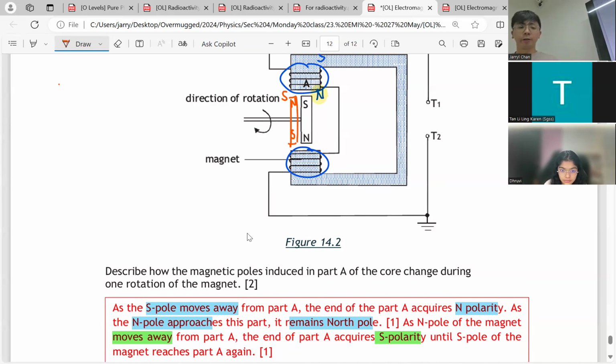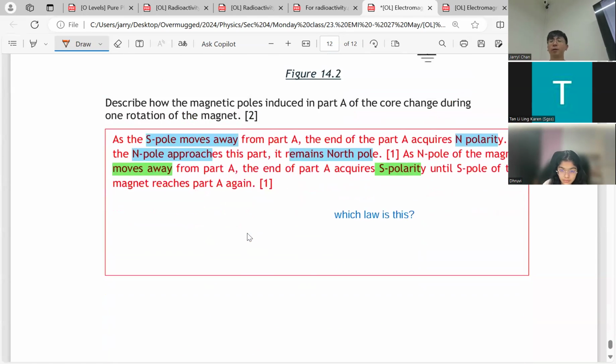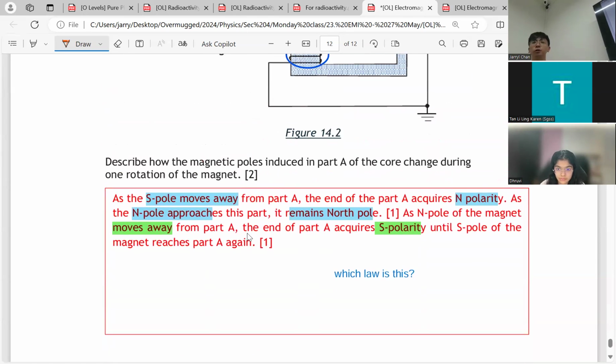But then how do you write about the north pole approaching, moving into the paper? When the north pole nears part A, it approaches part A, moves near part A. Okay. Which law is this? Lenz's law. Next.